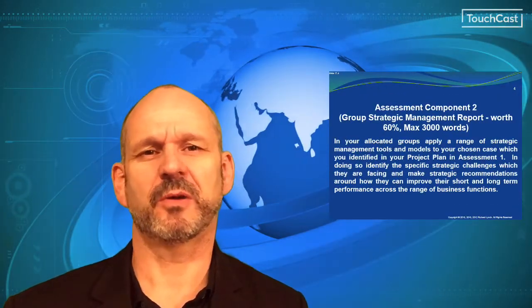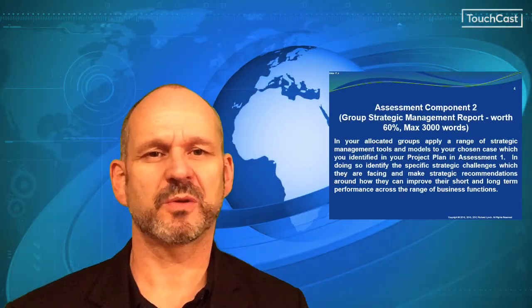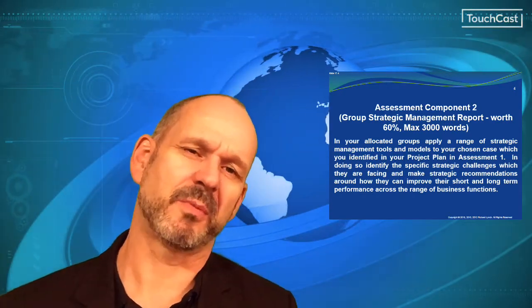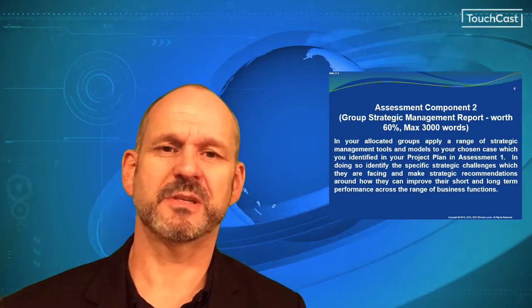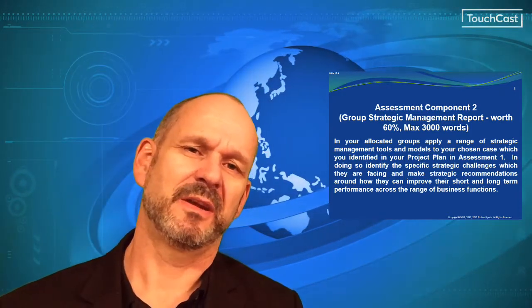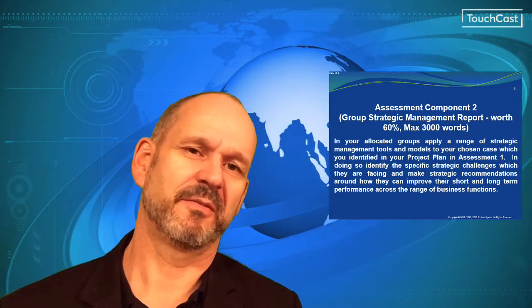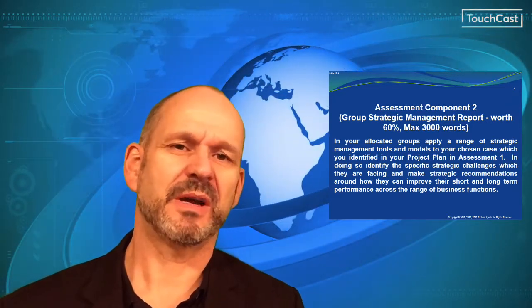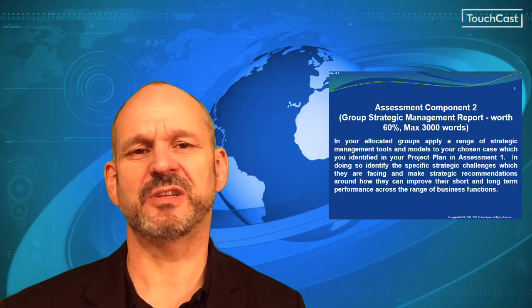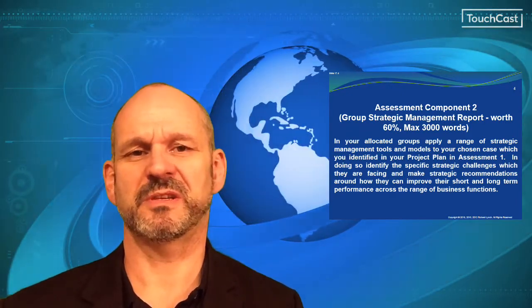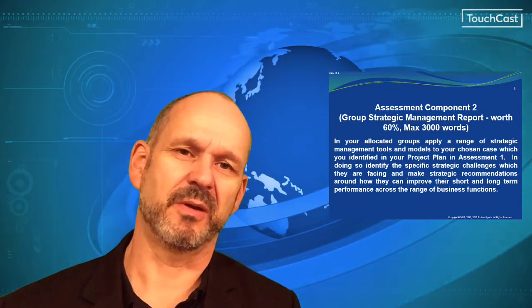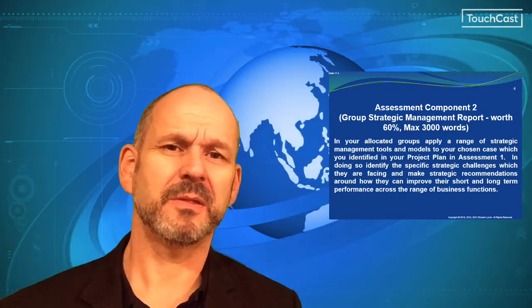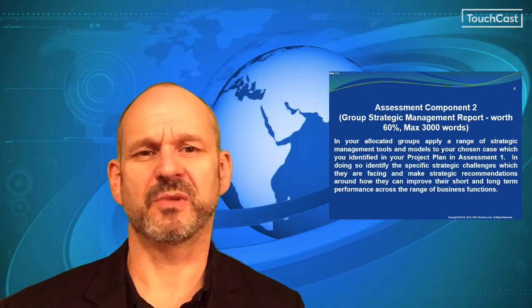Now remember that the group assignment for this module asks you to develop a group strategic management report, which involves selecting and applying a range of appropriate management tools, such as those highlighted in previous sessions, to a business which shows clear evidence that it has not performed as well as it could have. But the assignment also asks you to identify the specific strategic challenges which your chosen business has faced, and also to make strategic recommendations around how they can improve their short and their long-term performance across the range of business functions.